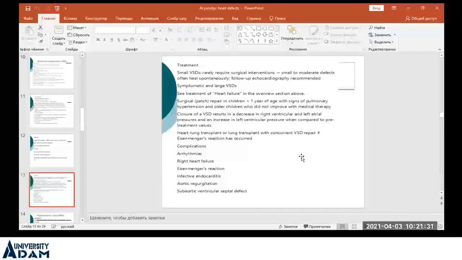Heart-lung transplant or lung transplant with concurrent repair if Eisenmenger reaction has occurred. Complications may be arrhythmias, right heart failure, Eisenmenger reaction, infective endocarditis, aortic regurgitation, and subaortic ventricular septal defects.